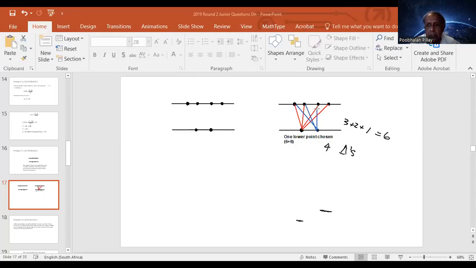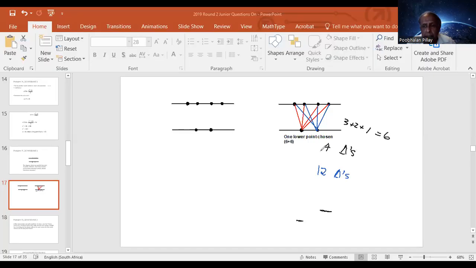And even for those, I have another 6 triangles. So if I chose this as my 3rd vertex, I would have another 6. So altogether, 6 plus 6, there are 12 in this case.